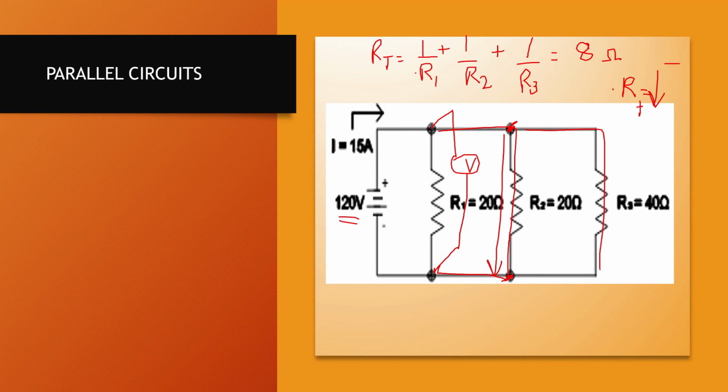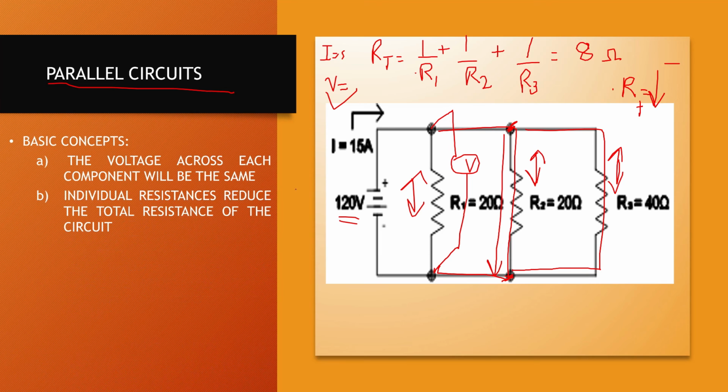And this will also read 120 volt. So this brings us to an important point. In a parallel circuit, the voltage across the circuit remains the same. You would have 120 volt across this resistor, 120 volt across this, 120 volt across this. In a series circuit, the current is the same. In a parallel circuit, the voltage is the same.